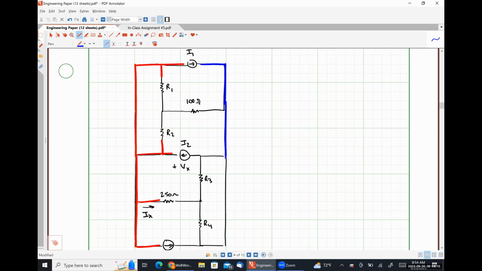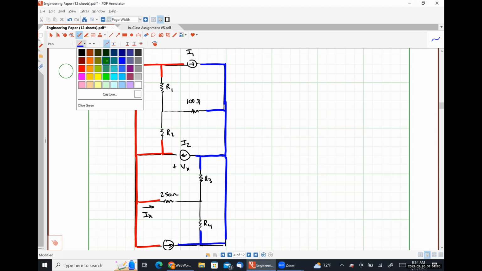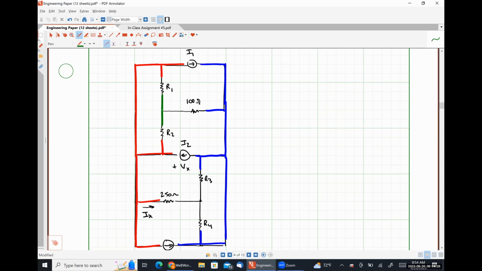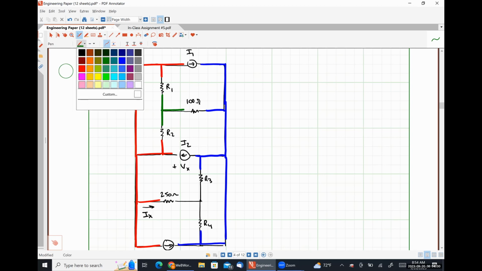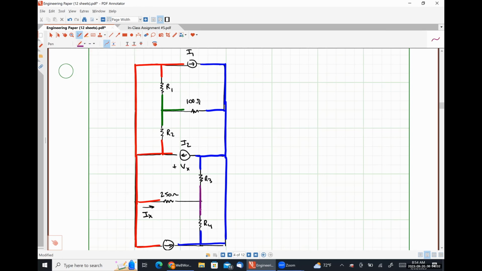This big guy here is one node. We have a node here. And we have a node here.